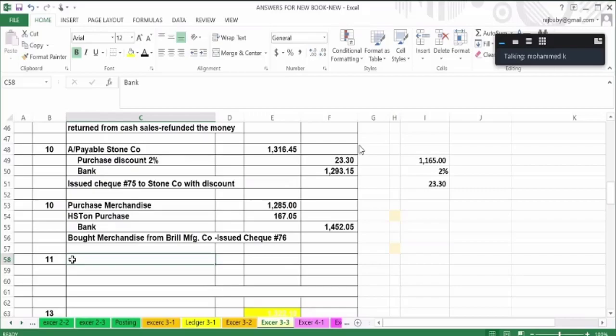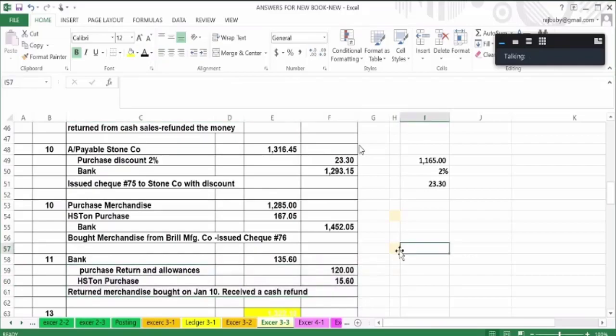So we will debit the bank account for the total amount, because you are receiving money, and because it is a refund. Purchase returns and allowances is going to be credit, and HST on purchase also credit.